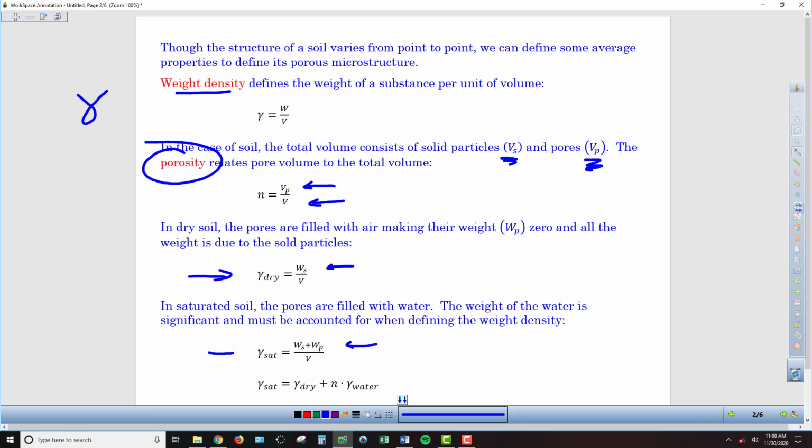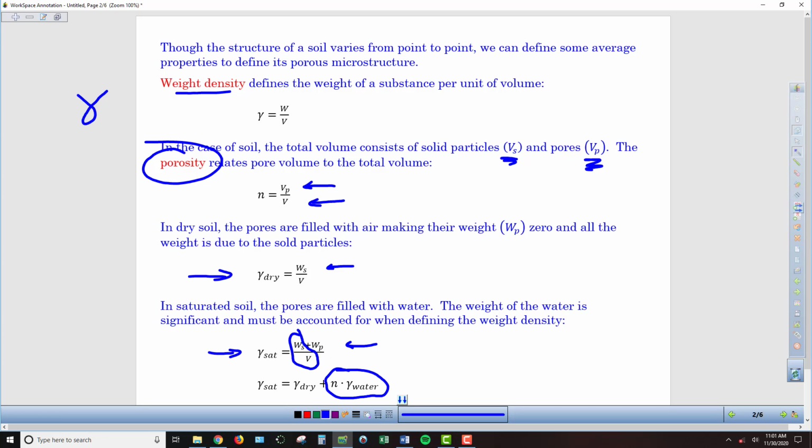saturated density is. Now, to calculate that using the porosity variable, we can do a little bit of substitution here. So for example, here I've got the dry density, the weight of the soil divided by the volume, and then I add to that the weight of the water in the pores divided by the volume, and do a little bit of substituting.